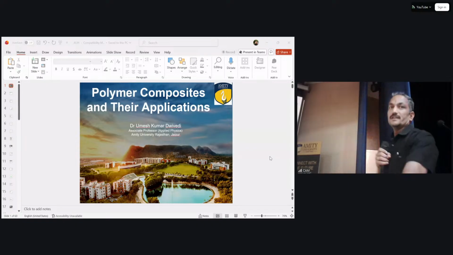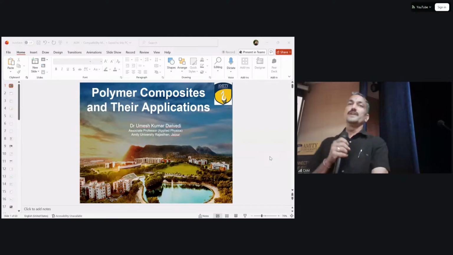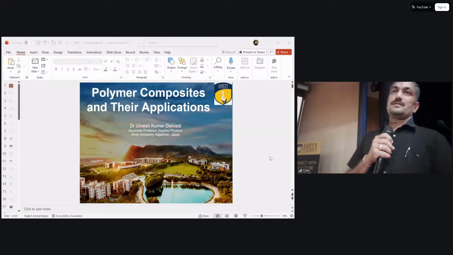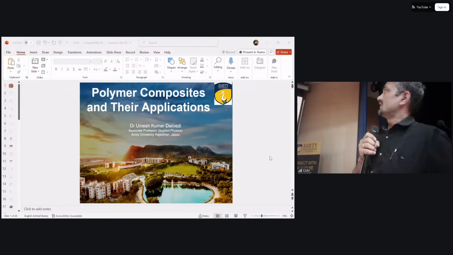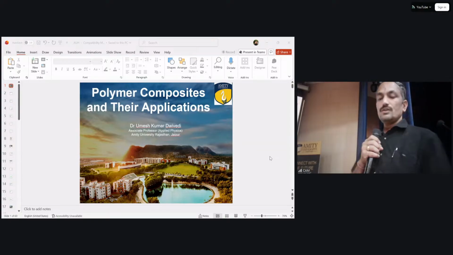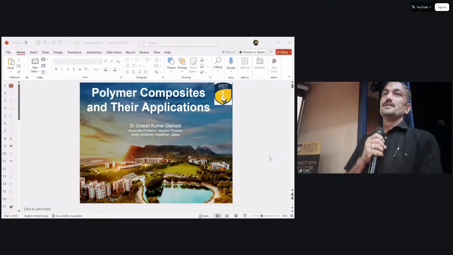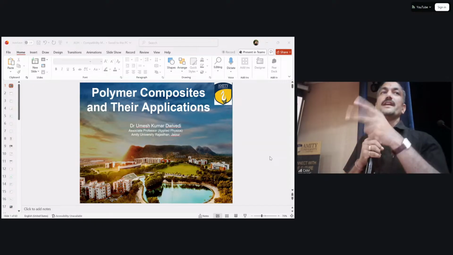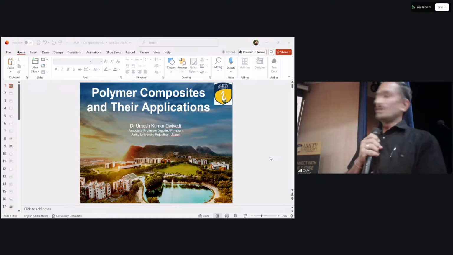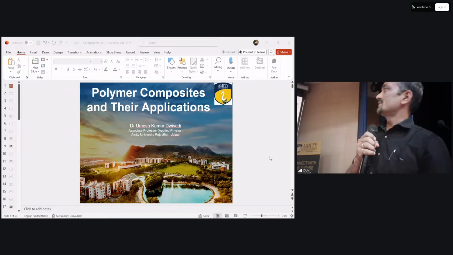Tribology means where friction and lubrication come under the category known as tribology. So most of the components are replaced by polymers because they have self-lubricating property. So these all are components made up of polymer composites instead of metallic ones.